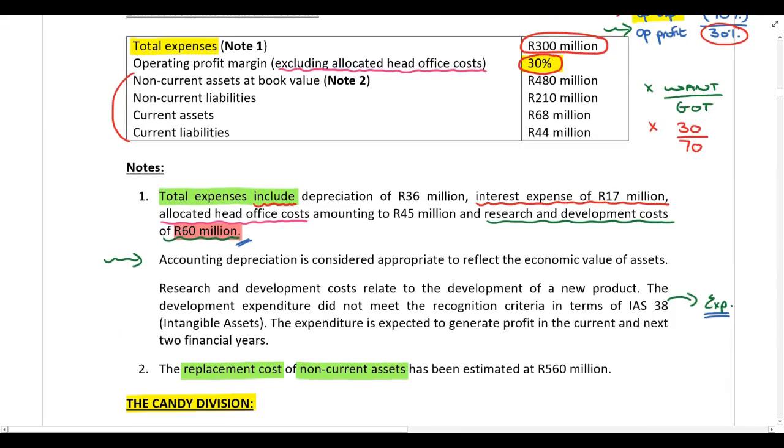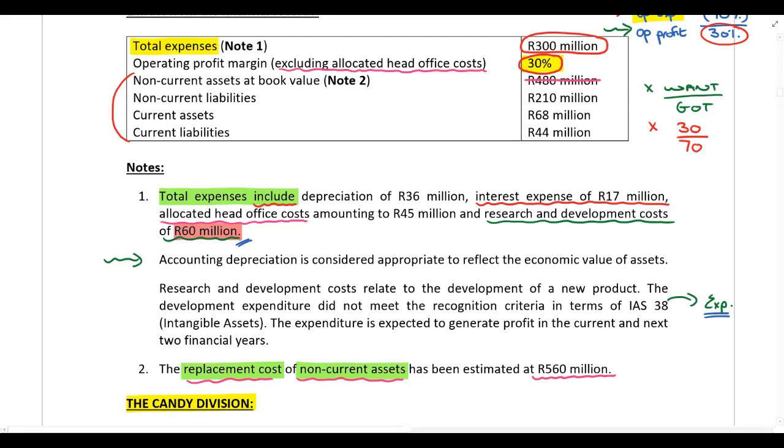So we were given non-current assets at book value and in note 2, we were given the replacement cost of those non-current assets. Please remember, guys, where possible, you should use replacement values or market values of assets instead of historical cost. So we won't use the book value over here in the calculation. Instead, we'll use the replacement cost of 560 million rand. So that deals with the non-current assets.